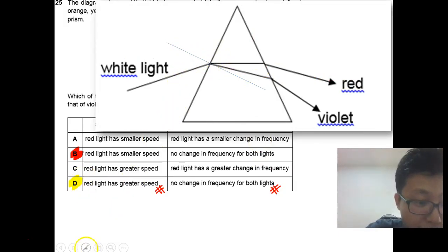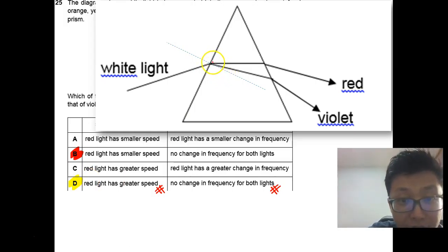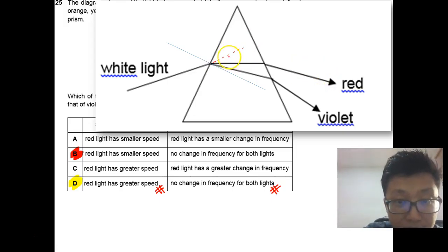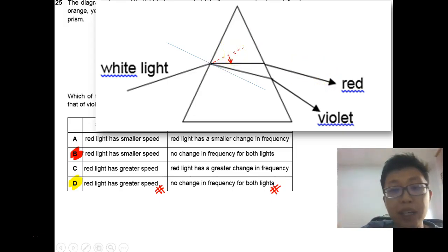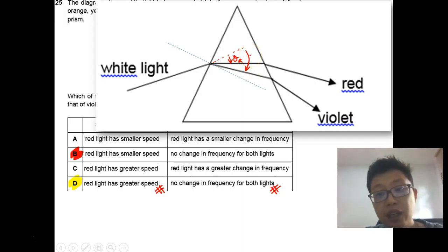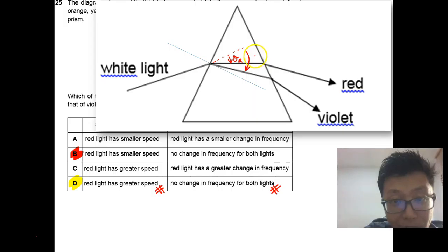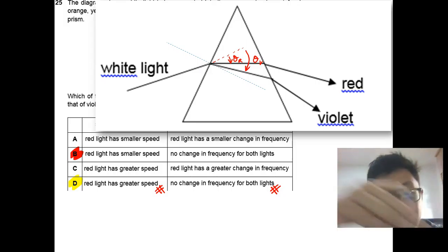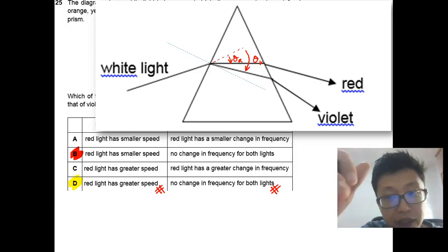And you can see that if you allow the white light to carry on its original path, the red light bends by this much. This is the bending of red color light. And the bending of the violet light is much more pronounced. Meaning that when the white light enters the prism, the red spectrum actually has lesser bending from the original path.